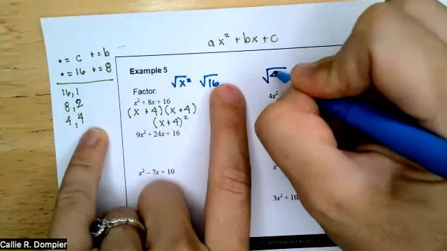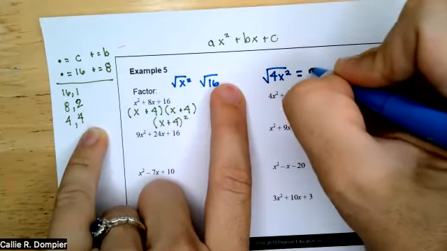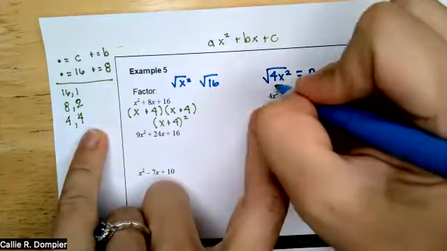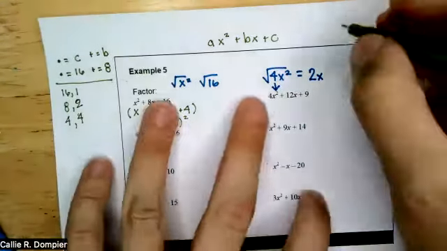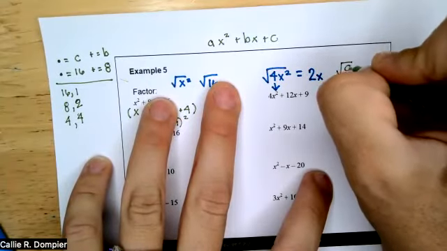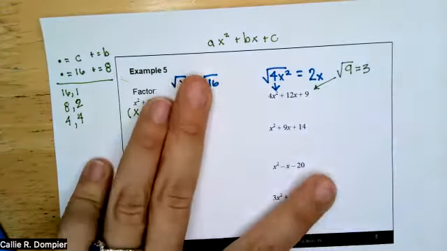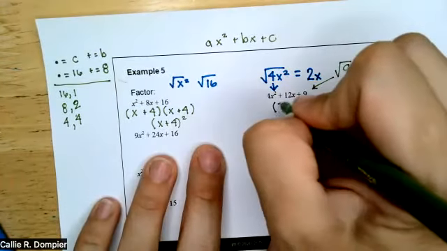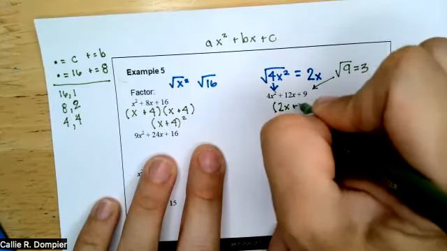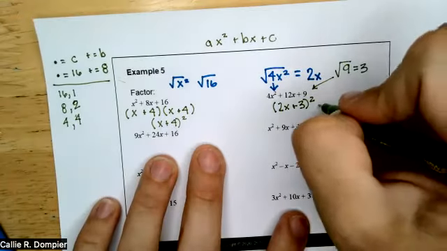So over here, the square root of 4x squared would be 2x, right? And then the square root of 9 is 3, right? So is that true?